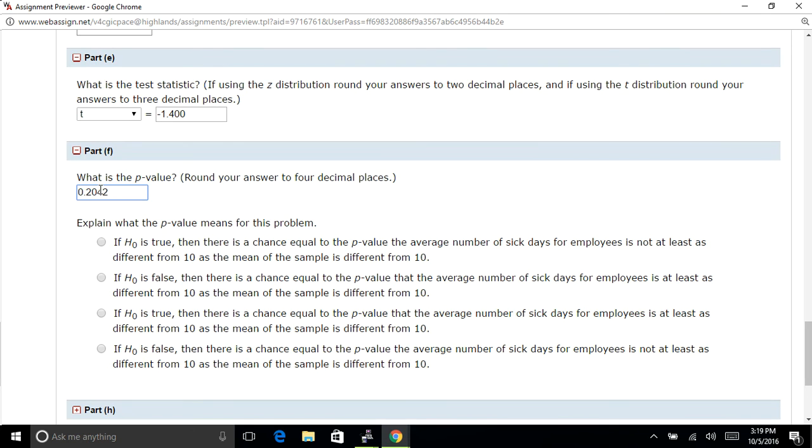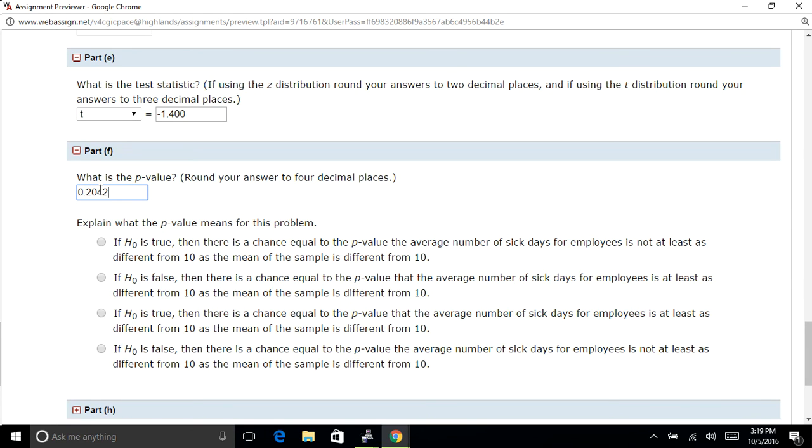So I need to see what it's going to mean for the null, for the p-value. So if the null is true, then there's a chance equal to the p-value that the average number of sick days for employees is at least as different from 10 as the sample is different from 10.